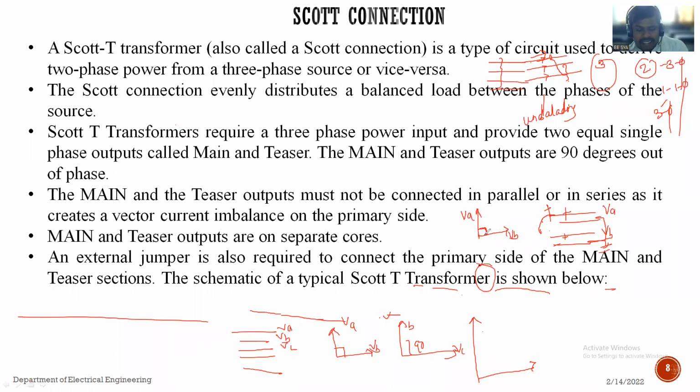So an external jumper is also used. That means we are using one jumper wire, an external jumper wire. It is required to connect the primary side of the main and the teaser section. Teaser section ची आणि main ची primary side connect करण्यासाठी आपण jumper wire use करतो. So see the diagram for that, we will show that diagram, that is the Scott connection.